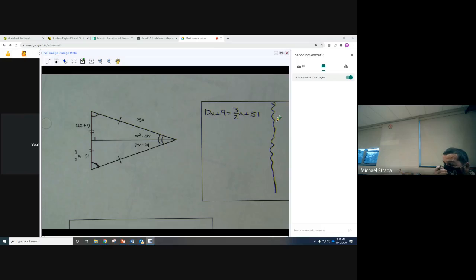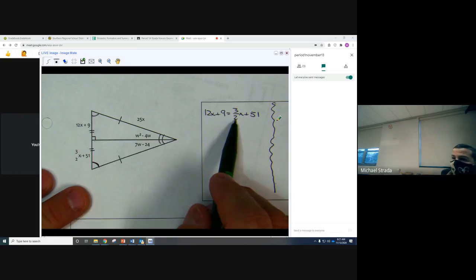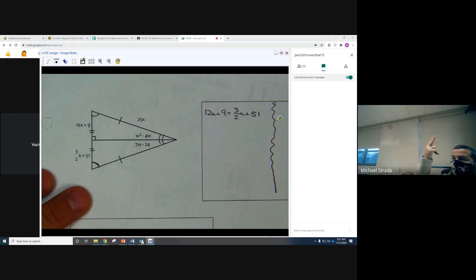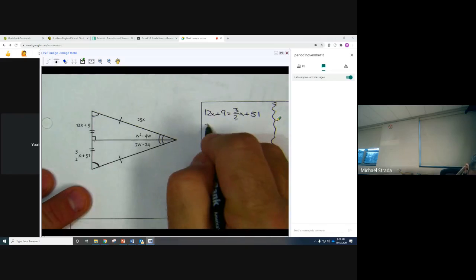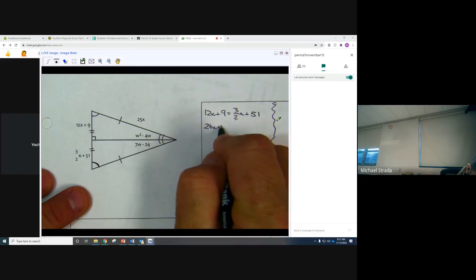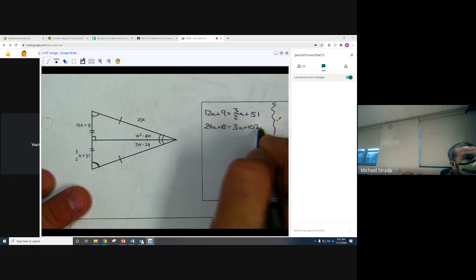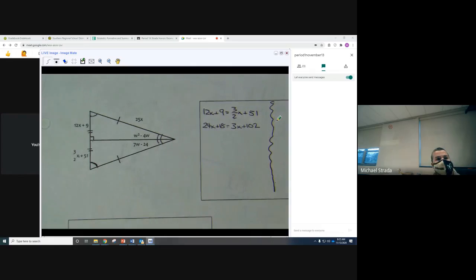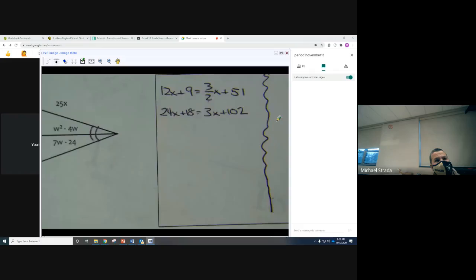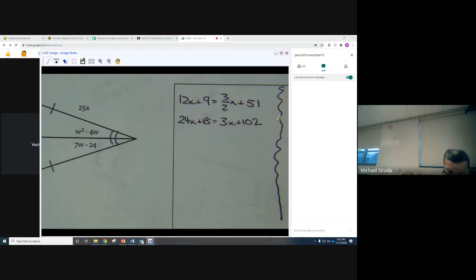Now, for those of you who are fraction folks and don't like fractions, my only denominator is 2, so I can multiply both sides by what right away? 2. That would give me 24x plus 18 equals 3x plus 102. Before moving on, everybody good with that idea? Okay, what's smaller, 24x or 3x? 3x.